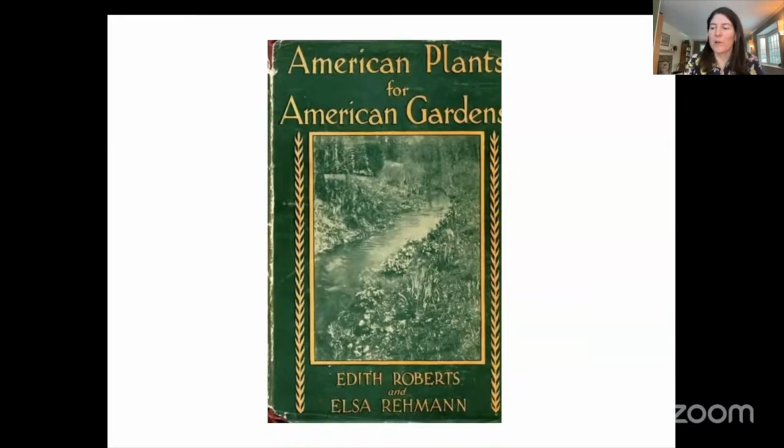They argue in the book that the job of an ecologist is to establish the environmental conditions in which native plants can thrive. So it's really an emphasis on the restoration of conditions rather than the restoration of particular species.